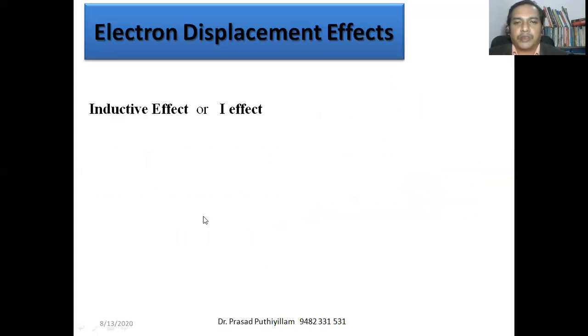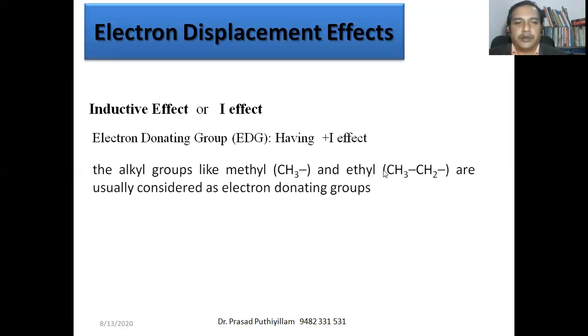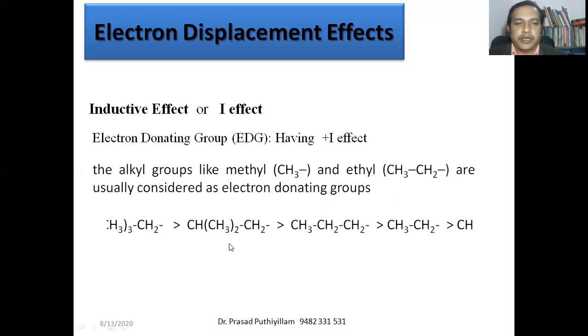The group which donates, donation we always consider as positive. So if a group donates electrons, then we say that group has a plus inductive effect, like alkyl groups. Methyl or ethyl groups are considered electron donating groups. More examples are given here with their plus I effect in decreasing order.